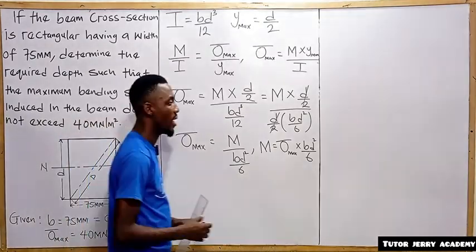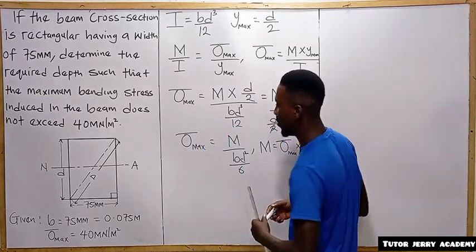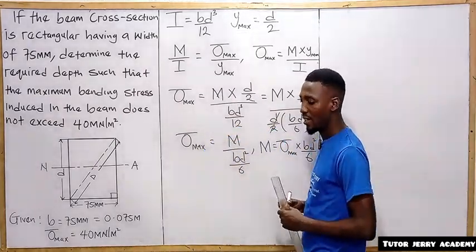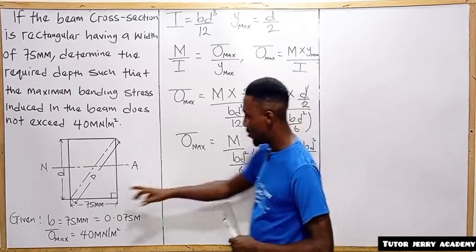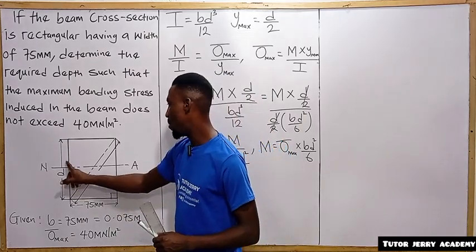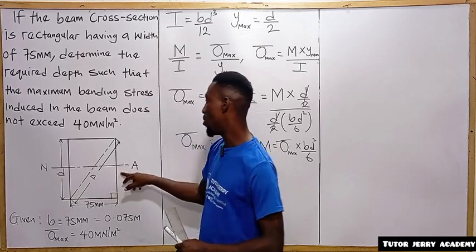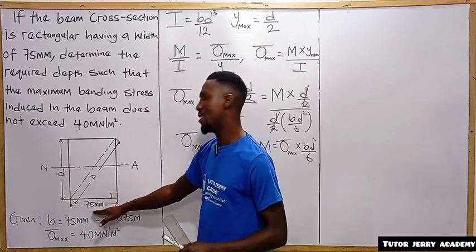Again, we are going to be using Pythagoras theorem for this rectangular beam. We know that from this point to this point is our diagonal, and this length here is depth. It means this place too will also be depth, and here is our base.